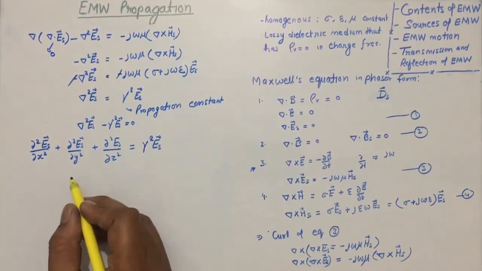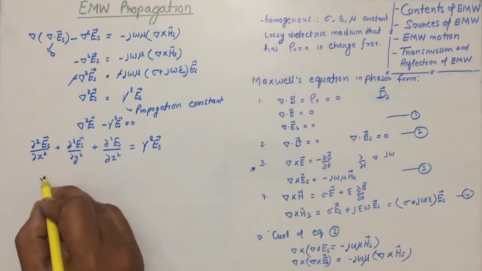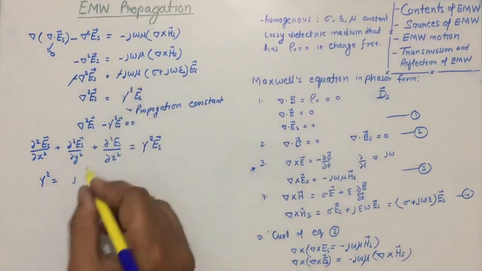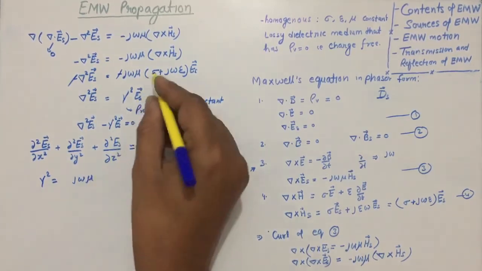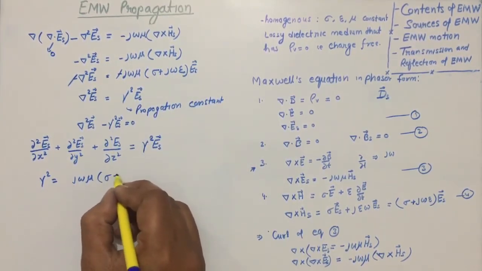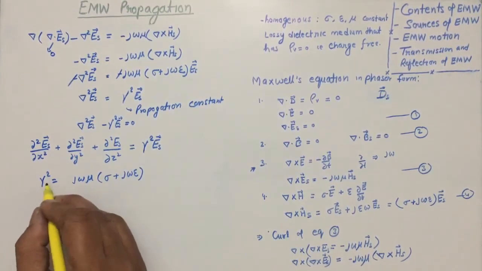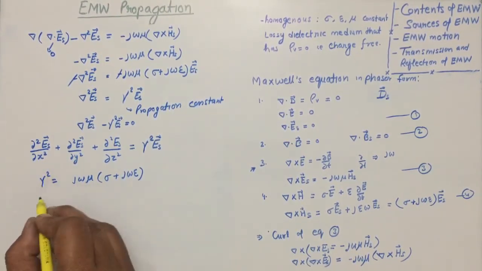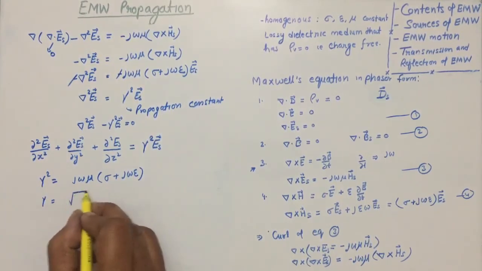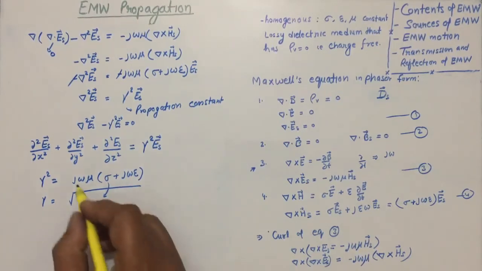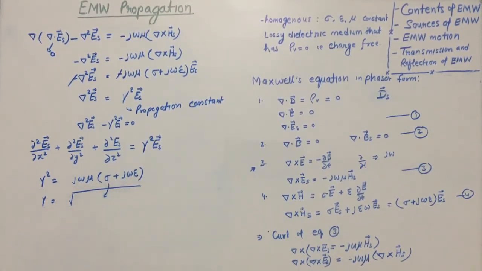And gamma square we have is equal to j omega mu times sigma plus j omega epsilon. So gamma will be the square root of this full quantity here.